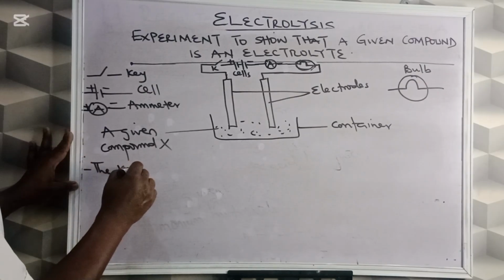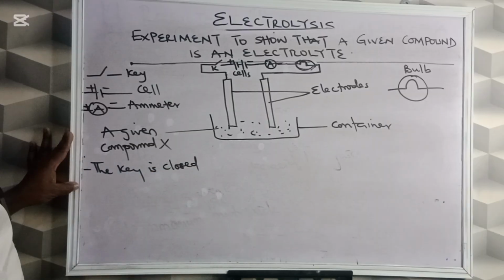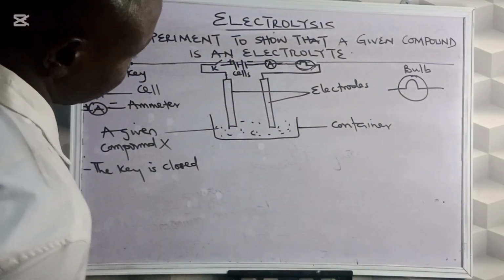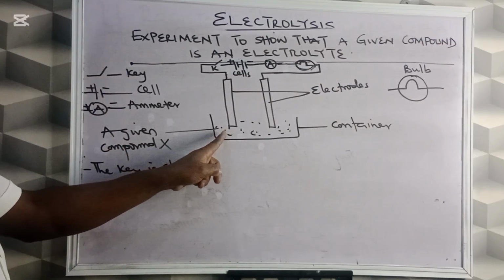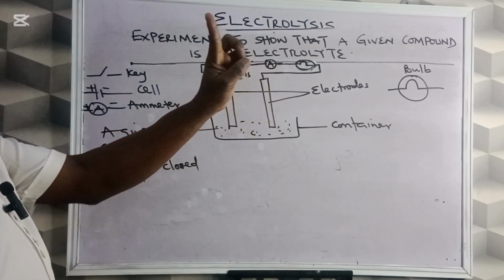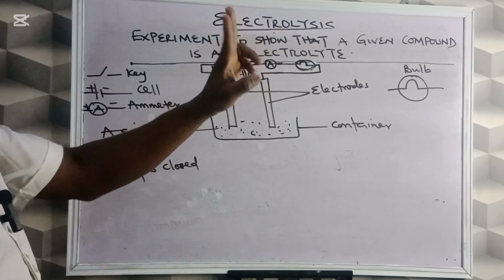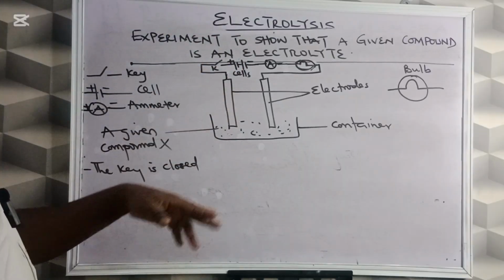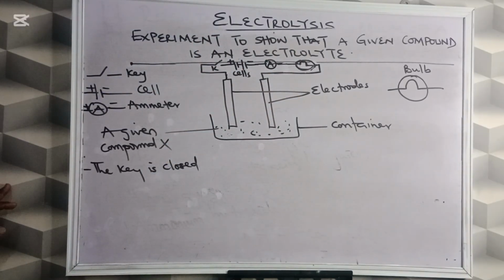Let's outline. The key is closed, and we allow current to flow. Once the key is closed, if truly this compound is an electrolyte and conducts, the pointer of the ammeter will deflect, showing there's current flow in the circuit, and the bulb is on, it glows.